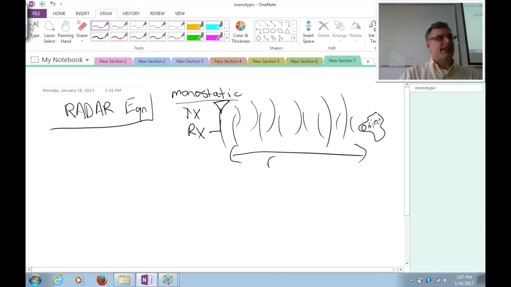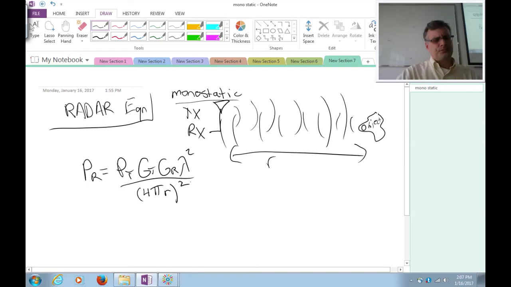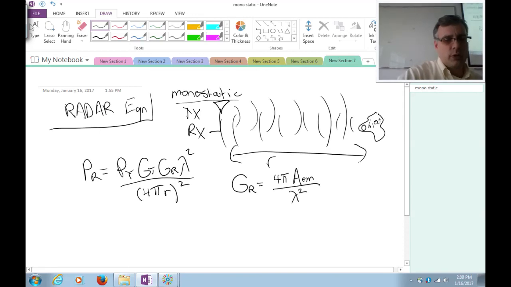And let's pretend for a second that that object actually is an antenna. Let's say we were using the classical Friis free space equation. Now remember what we said receiver gain could be defined as. It's 4 pi times the effective electromagnetic aperture over the wavelength squared.